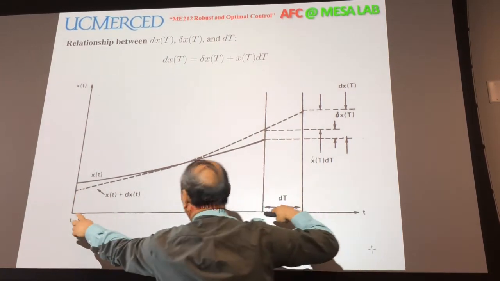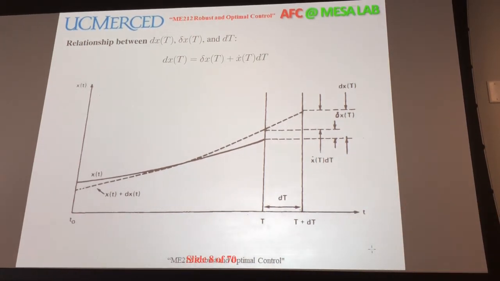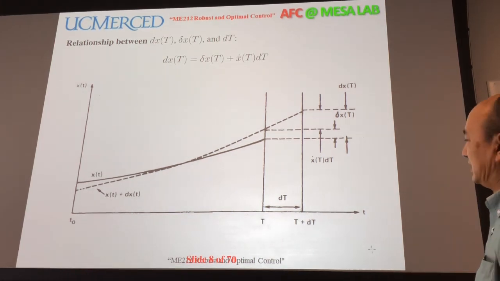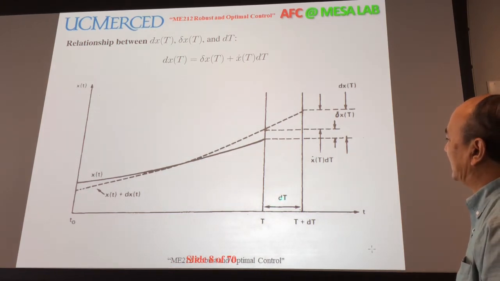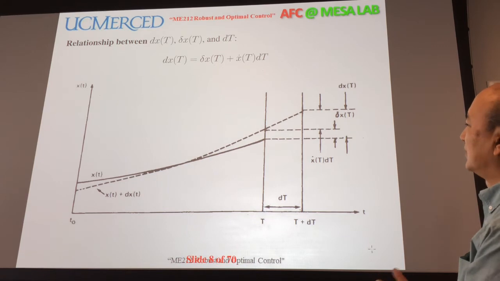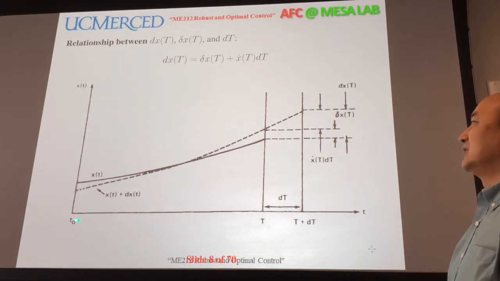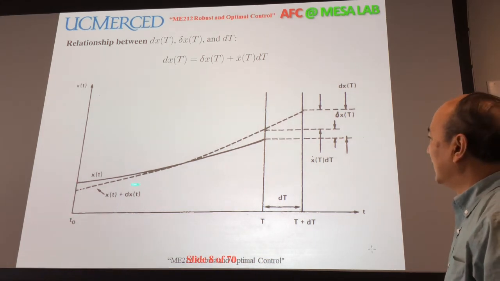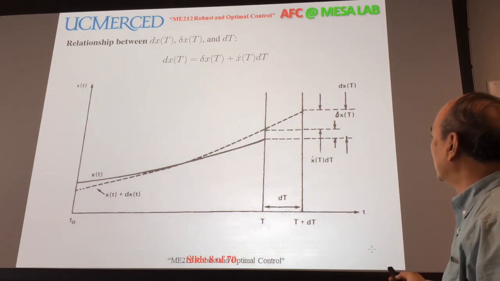So the beginning and ending point should also change. Therefore we need to make a distinction here. So this is called dT, capital T. The terminal time changes, okay? Initial time, of course, we start from the initial time, but the initial state is different. So we have this dashed line, okay? Then we want to understand what is dx(T).